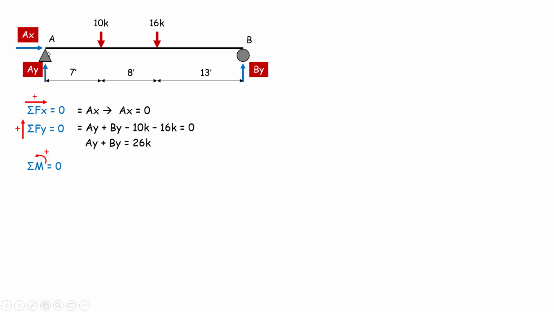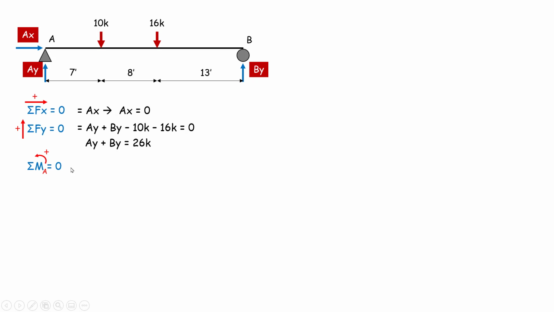I can select any point on the beam over here, because this beam is static, which means any point over here will have a moment equal to 0. However, usually to simplify the calculation, I select a point where I can cancel some reaction forces, so I don't have to calculate for them. So in this case, I can select A, so I will write A over here.